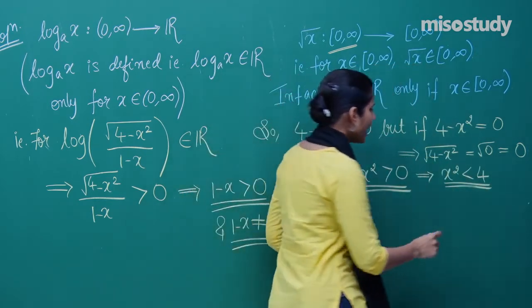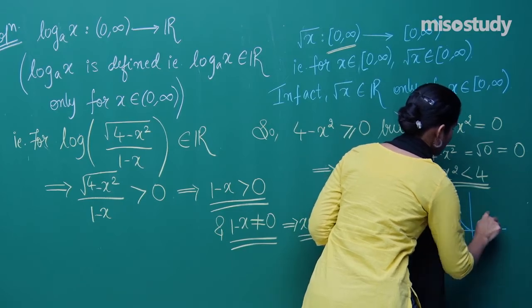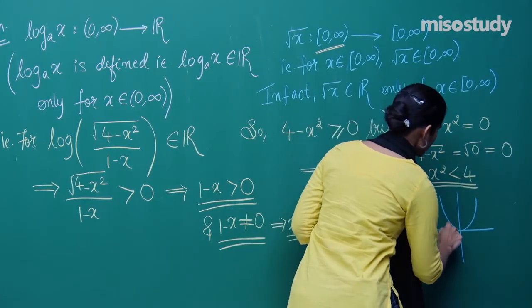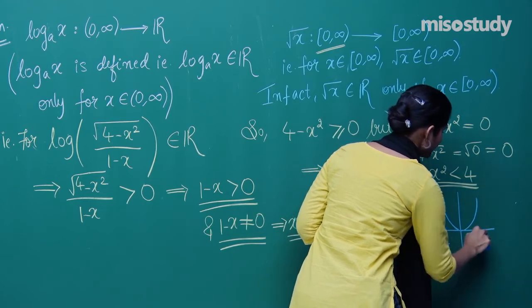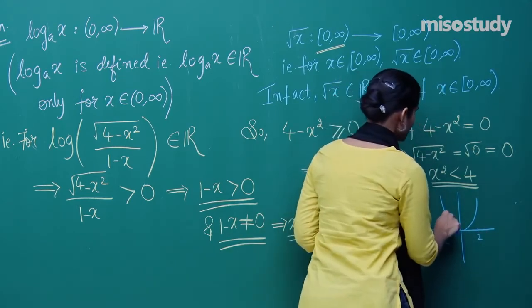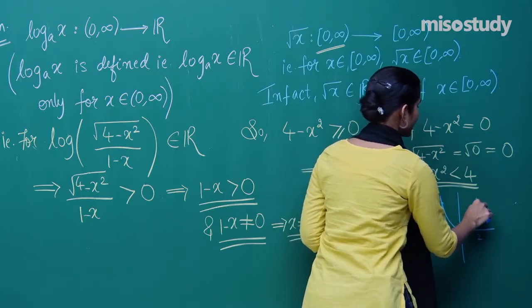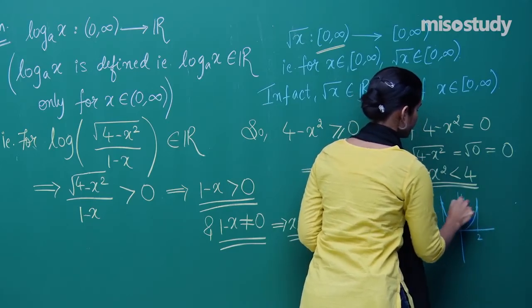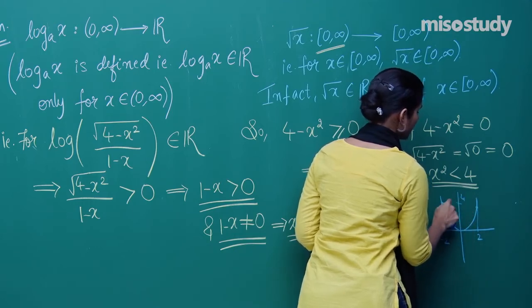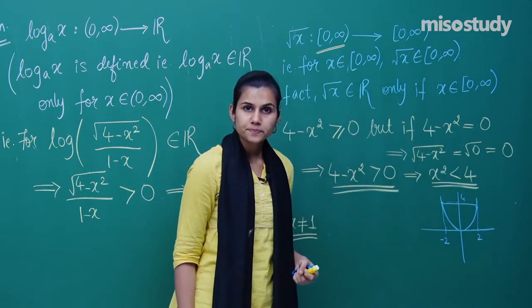If you remember the graph of x square, this is what it was. It basically said, if this is my minus 2 and this is my 2, then corresponding to minus 2 I obtained a 4, and corresponding to 2 again I obtained a 4. That is the behavior possessed by the square function.